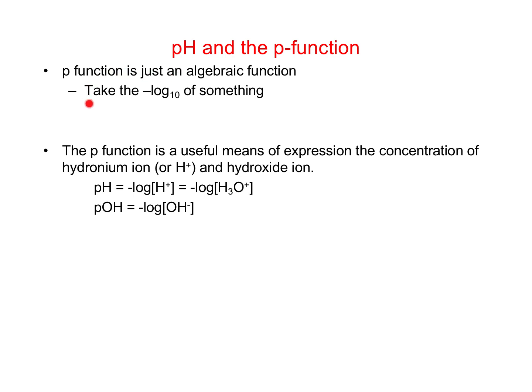But as I said a minute ago, we can do a p function of anything, and it just means take the log base 10. So the pOH is just the negative log of the OH- concentration. And maybe we should have mentioned, when you just say log, it's understood to be log base 10. So going forward in this course, we'll almost never write log base 10. We'll just write log, and it's understood that the base is 10.